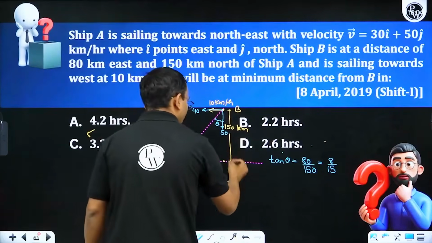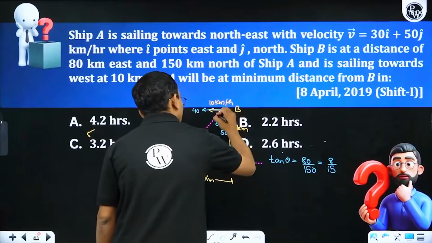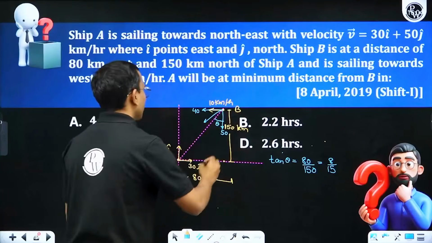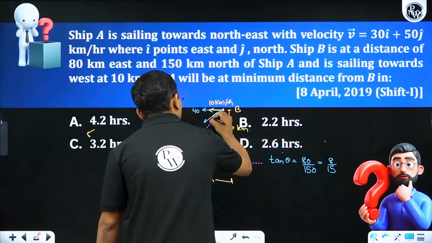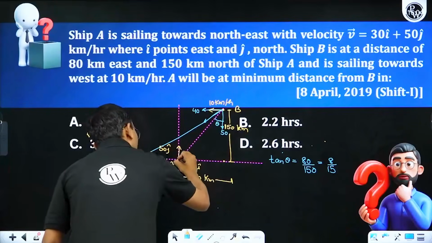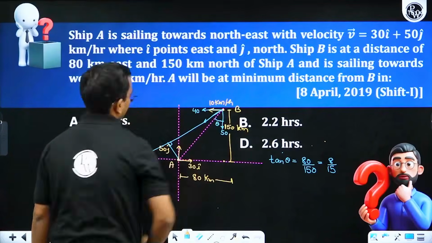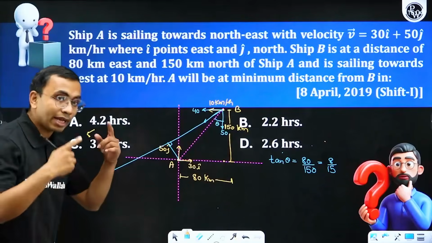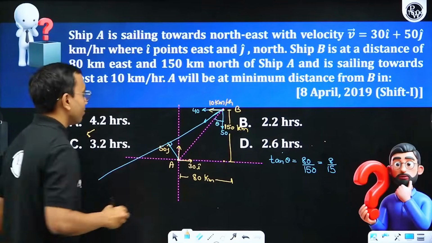So the resultant velocity will be somewhat in this direction. This B will actually pass like this, and the minimum distance will be somewhere here. I need the minimum time.